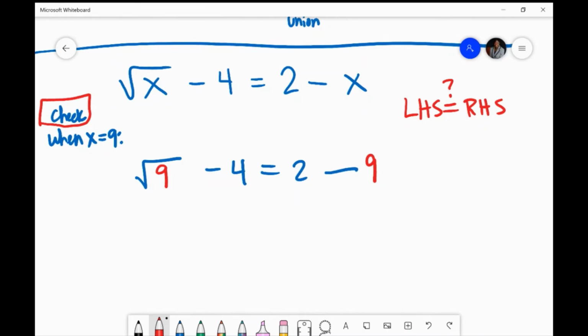We're just trying to see if the left side equals the right side. What is the square root of 9? 3. Yep, 3 minus 4. What is 2 minus 9 over here? Negative 7.